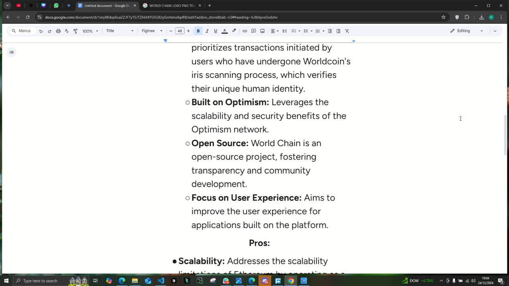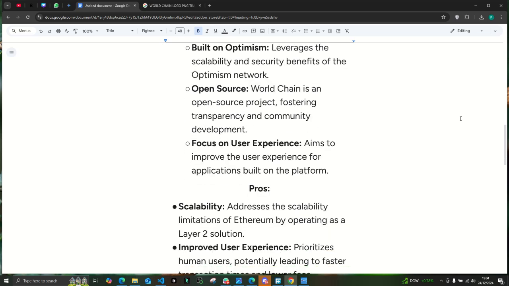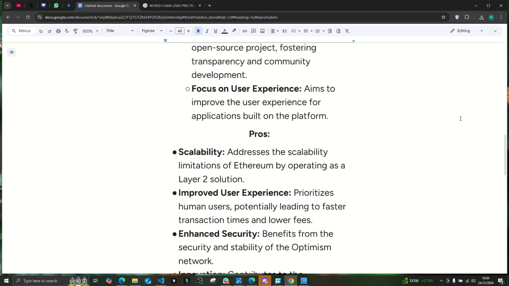Now let's look at the advantages or benefits of WorldChain. Number 1, scalability. WorldChain addresses the scalability limitations of Ethereum by operating as a layer 2 solution. Number 2, improved user experience. WorldChain prioritizes human users, potentially leading to faster transaction times and lower fees.